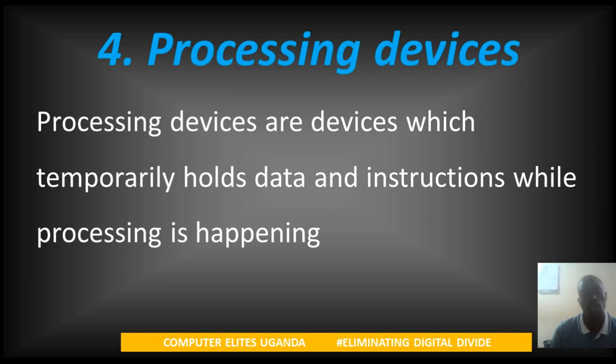So anything that is done in the computer has to be processed, and processing takes place within the processing devices. And remember, the computer uses the binary language to interpret all the instructions or commands given to it. So processing devices are responsible for that task.